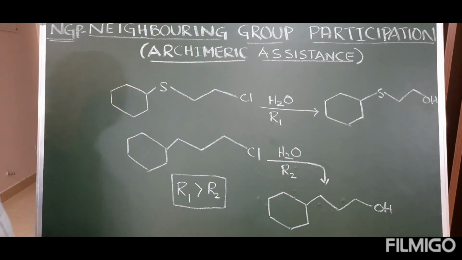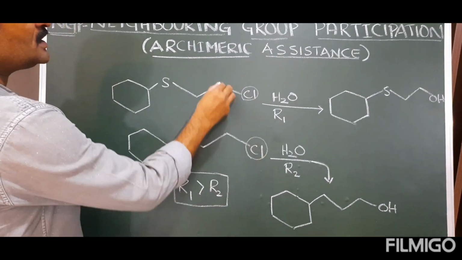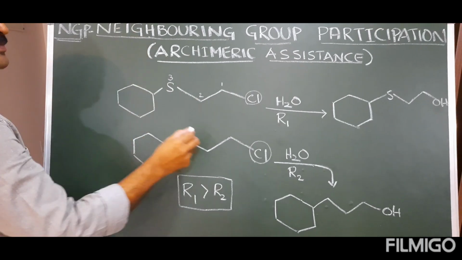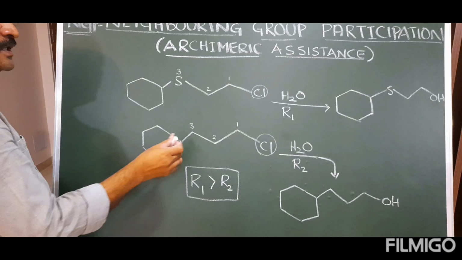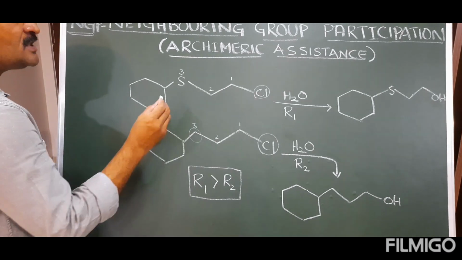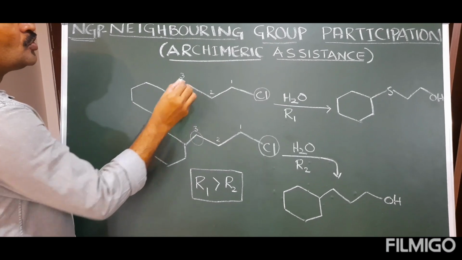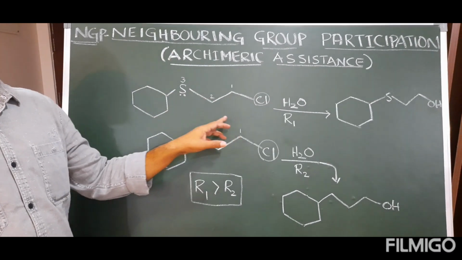Very simple, students. This is the leaving group, with carbon 1, carbon 2, position 3. In position 3, a CH2 group is there, with lone pairs. So this group will activate the reaction.